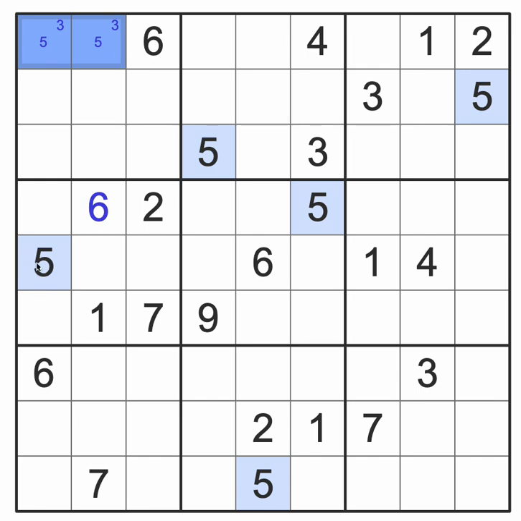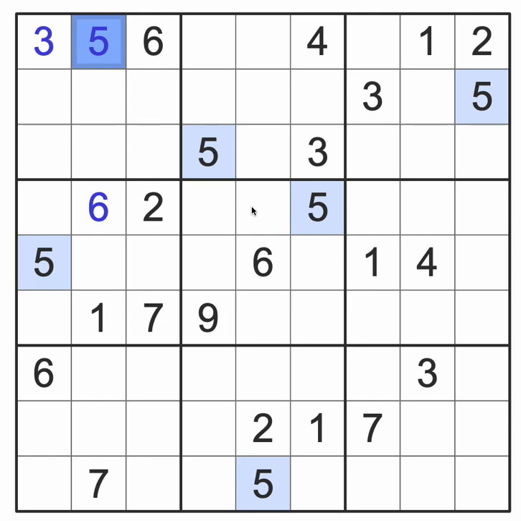Oh, and 5 in box 4 blocks this cell, so that gives me 3 and 5. Okay, and that gives me a 7, 8, 9 triple on row 1, but I don't think I can make use of it at the moment, so let's move on.